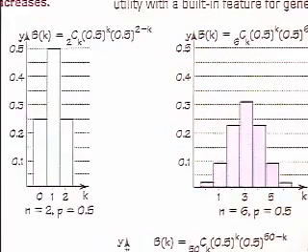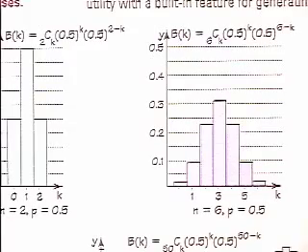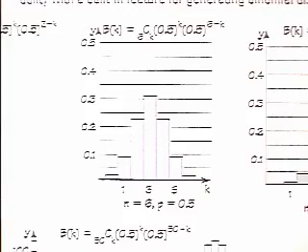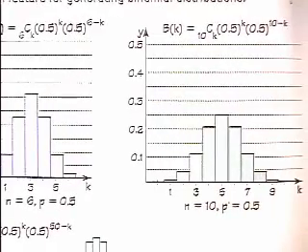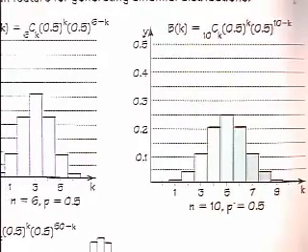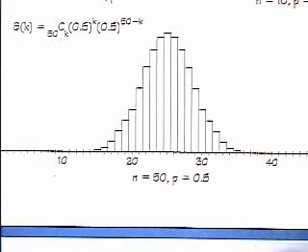If you change it to 6 trials, now you should start seeing that it is looking more symmetric, more like a bell-shaped curve. Now if you go up to 10 trials, it's looking a little bit more like a bell-shaped curve. Go up to 50 trials. It looks a lot like a bell-shaped curve.